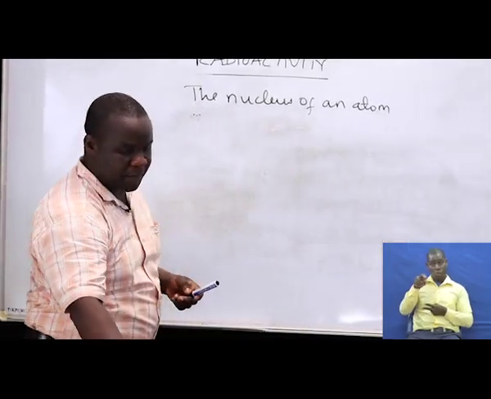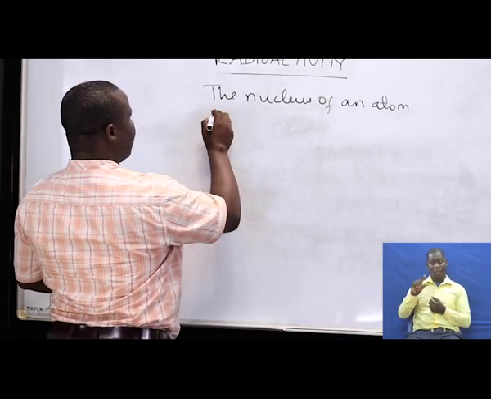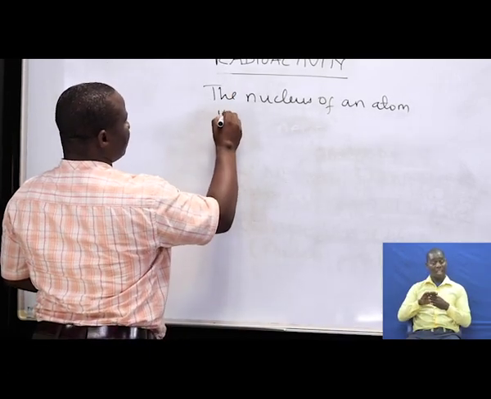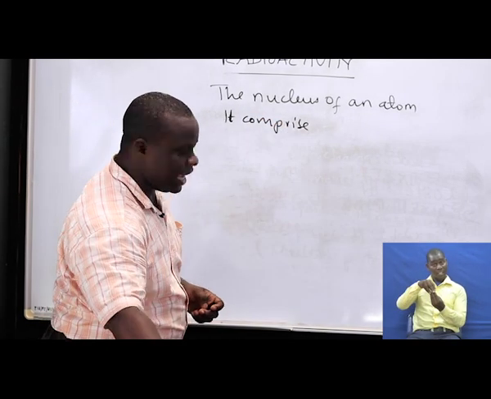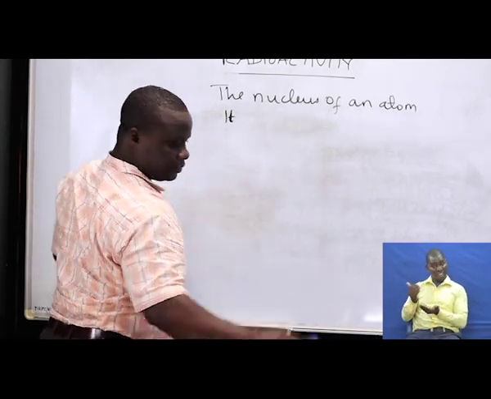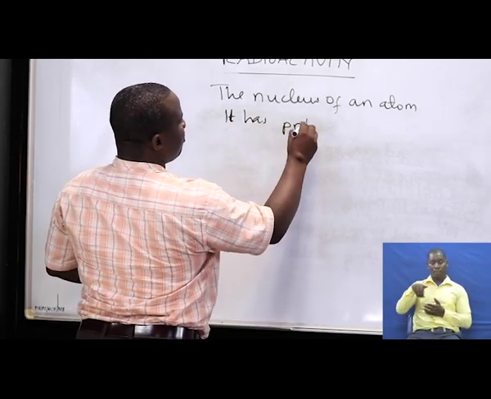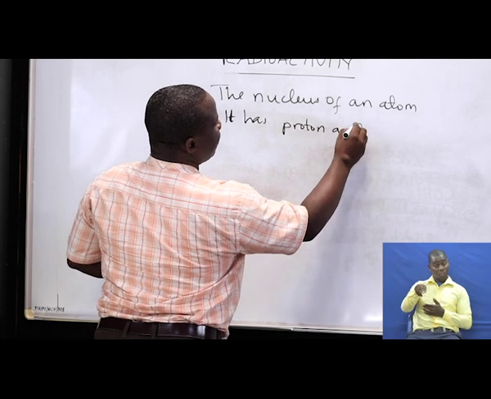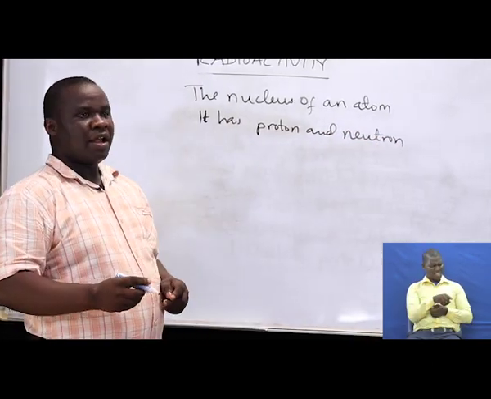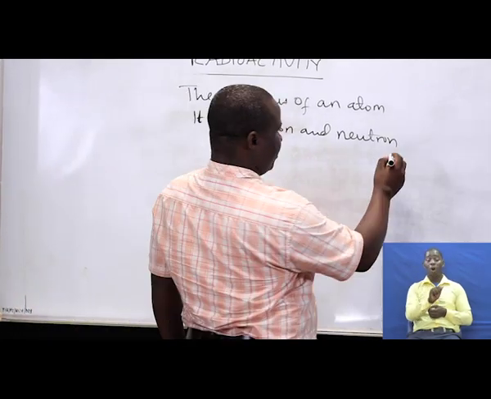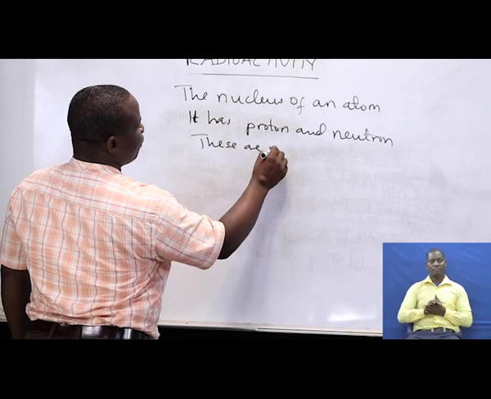So we can now make a summary that the nucleus of an atom contains proton and neutron. This proton and neutron, we call them nucleons. So these are nucleons.